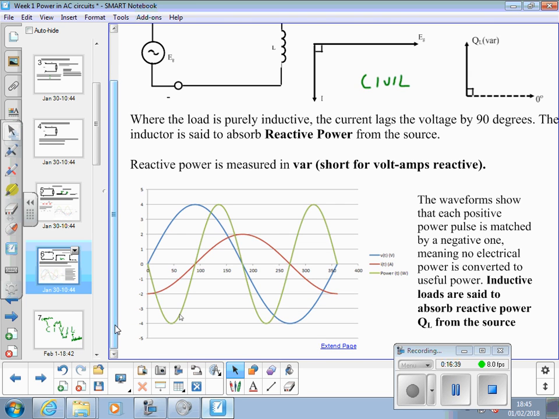If we plot the voltage, it peaks before the current, 90 degrees before it. Look at the power waveform now. Half of it is above the line.